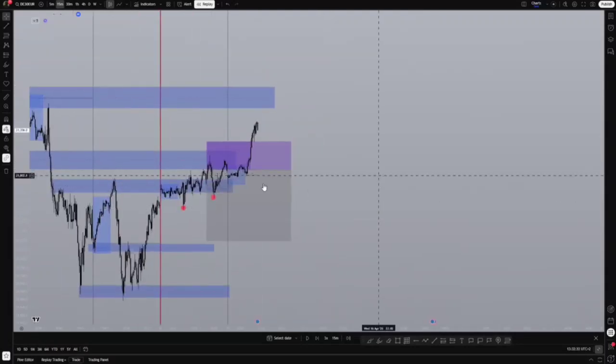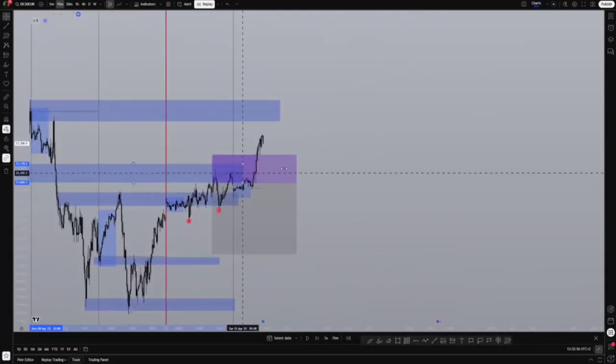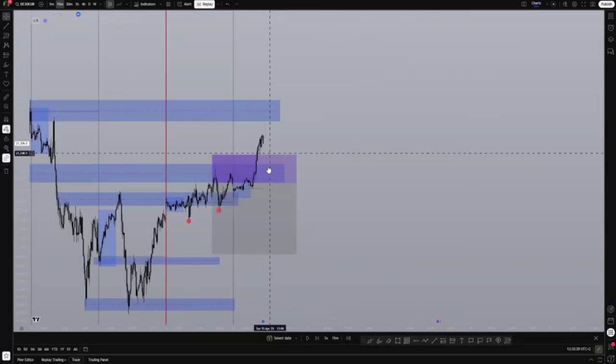Which levels would we be looking to buy from or sell from? If it comes here and goes up, or if it comes here, we'd be looking to sell from there. We'd be interested in something like that. As you can see right there, it came to that support and resistance.